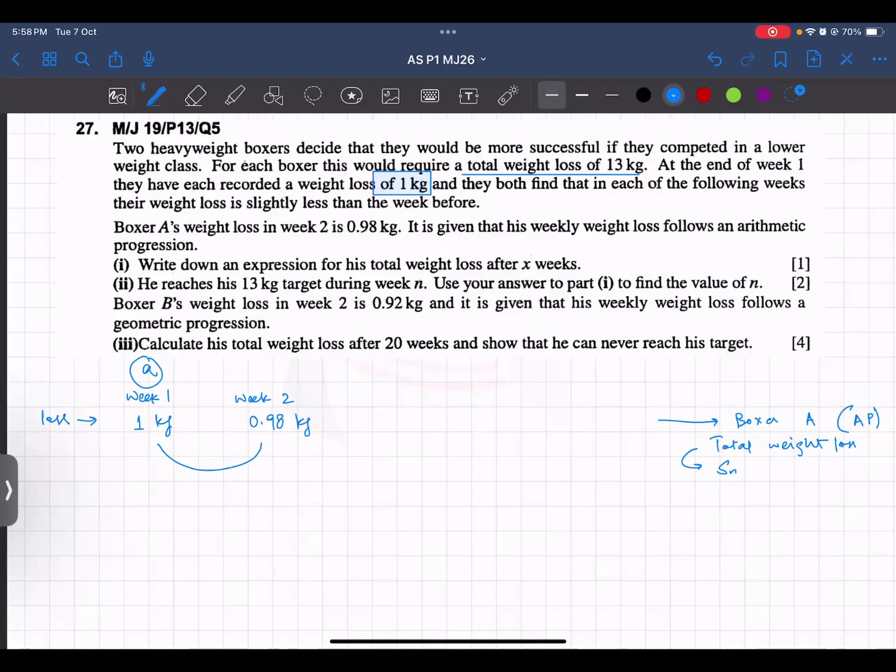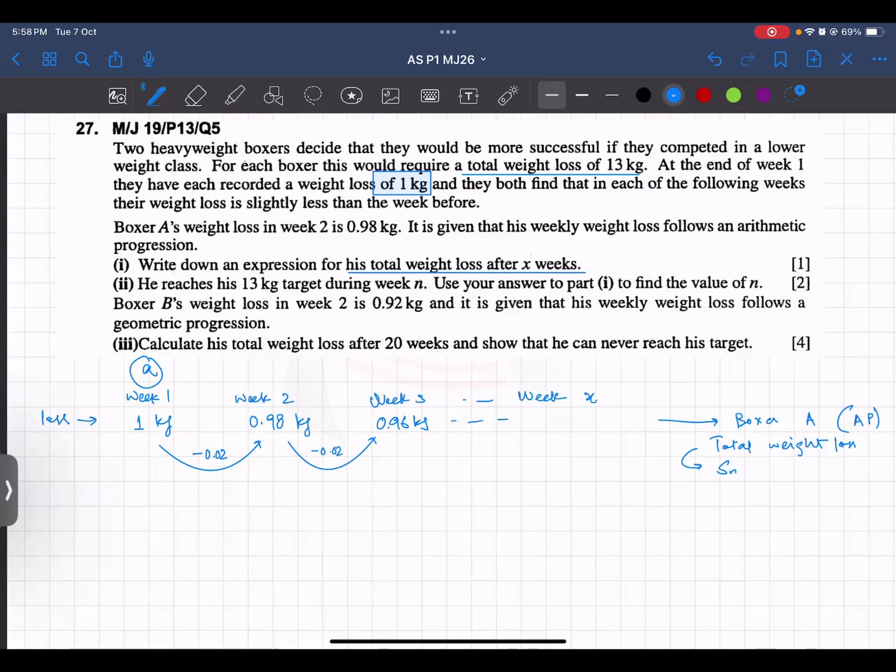So you can see the difference. The d value is how much? It is minus 0.02. So in the third week, he will lose 0.96 kg because we have the d, because they told us that this is an AP. And they have asked for the total weight loss after x weeks. So week x, we don't know how many weeks.